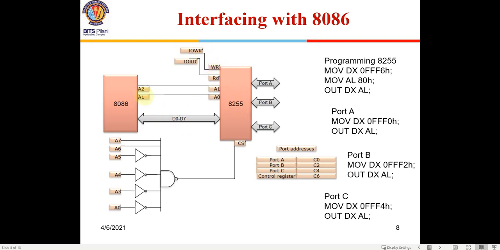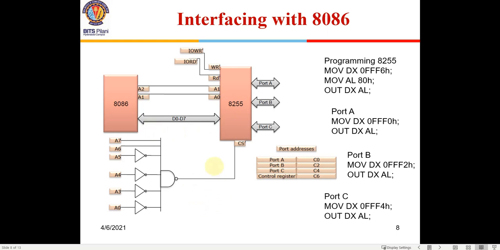And if you see here, from 8086, the address pins are connected to A0 and A1 here. It's not A0 and A1 of 8086, it is A1 and A2. A0 is used to select this 8255. This is essentially done like we have the memory banking.